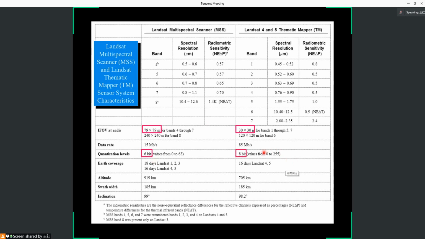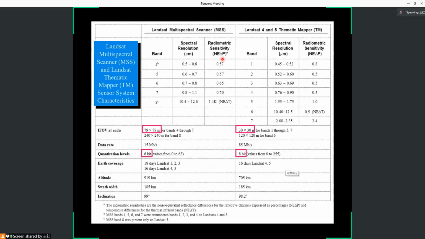So there are more values: for MSS only 64 values, but for TM with 8 bit we have 256 values, so it is more sensitive to the differences between targets. So TM is better than MSS by comparison.